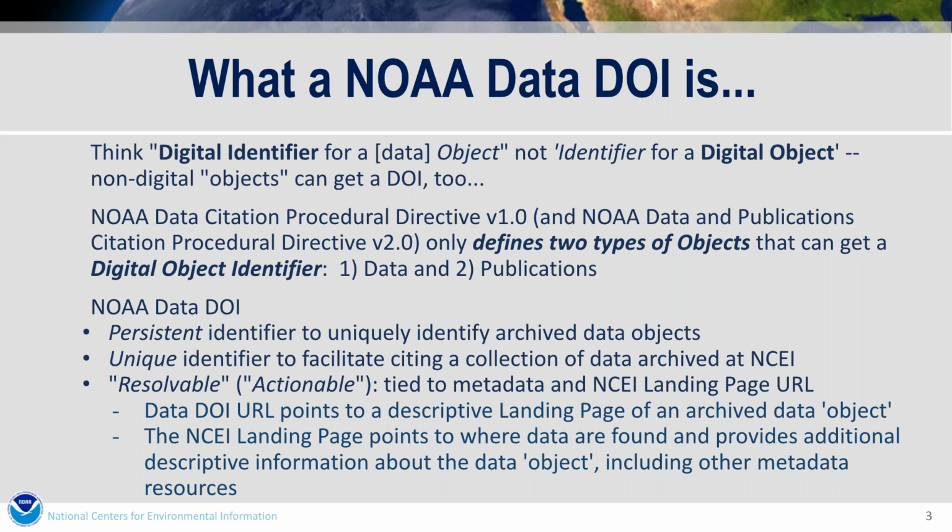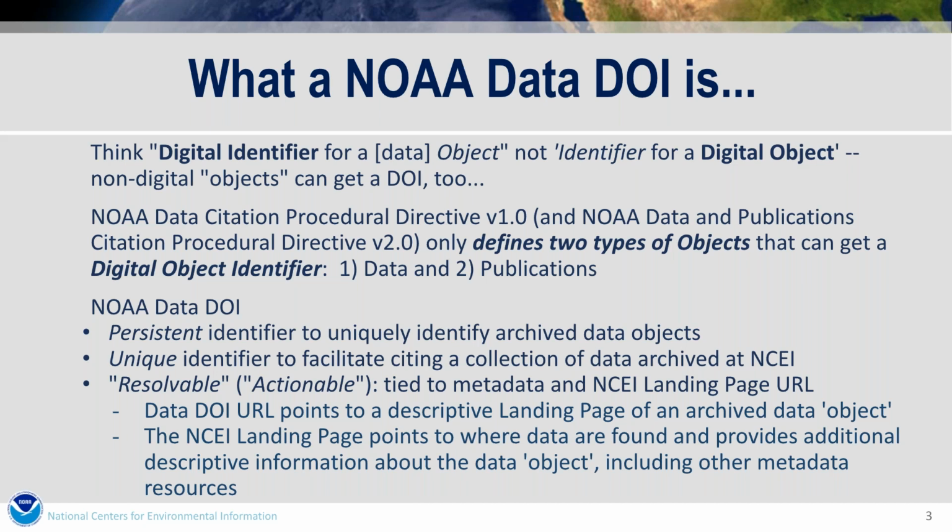I'm not quite sure where it is in the process, but I think it's very close to being the new and improved and fully released version of the Data and Publications Citation Procedural Directive. It only defines 2 kinds of objects that can get a DOI: data and publications.